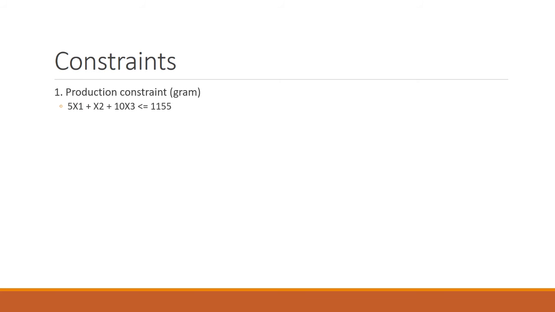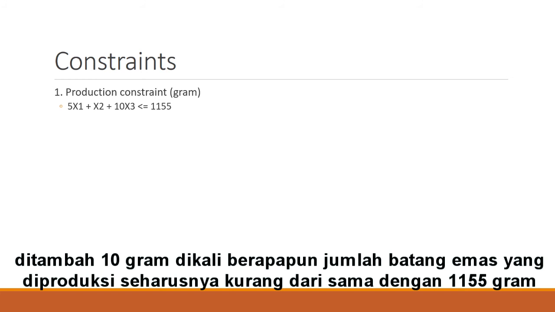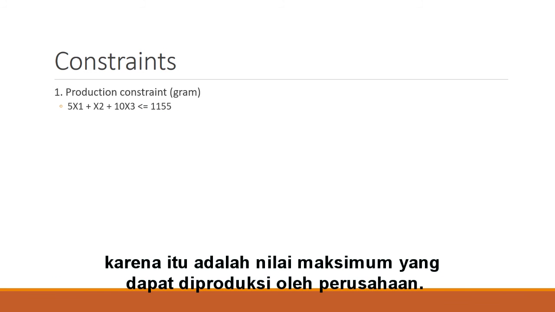One necklace weighs 5 grams, so 5 times how many necklaces they produce, plus 1 gram for every ring, plus 10 grams times how many gold bars they produce, should be less than or equal to 1,155 grams, because that is basically all of the gold this firm can produce.